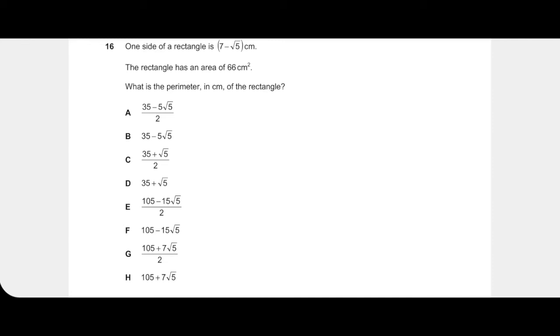You know what the length is, so 7 minus root 5, and we could call the other side x, is equal to 66. Now let's solve for x to work out what that one side is. x is equal to 66 over 7 minus root 5.